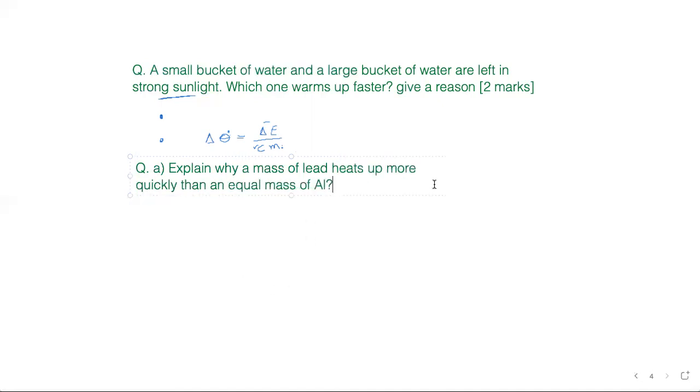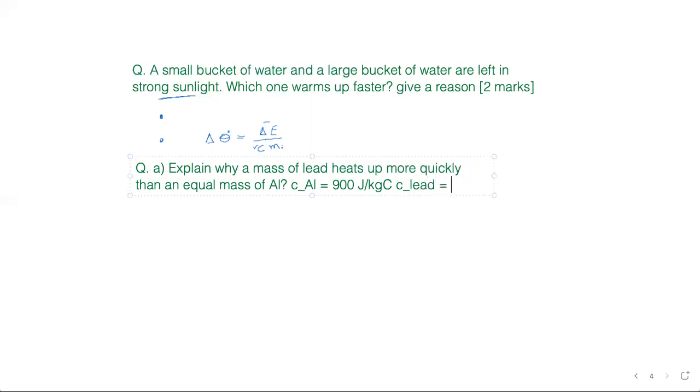Before you give the answer, I will tell you that the heat capacity of aluminium is equal to 900 joule per kilogram per degree centigrade. And in case of lead, the C of lead is equal to what?